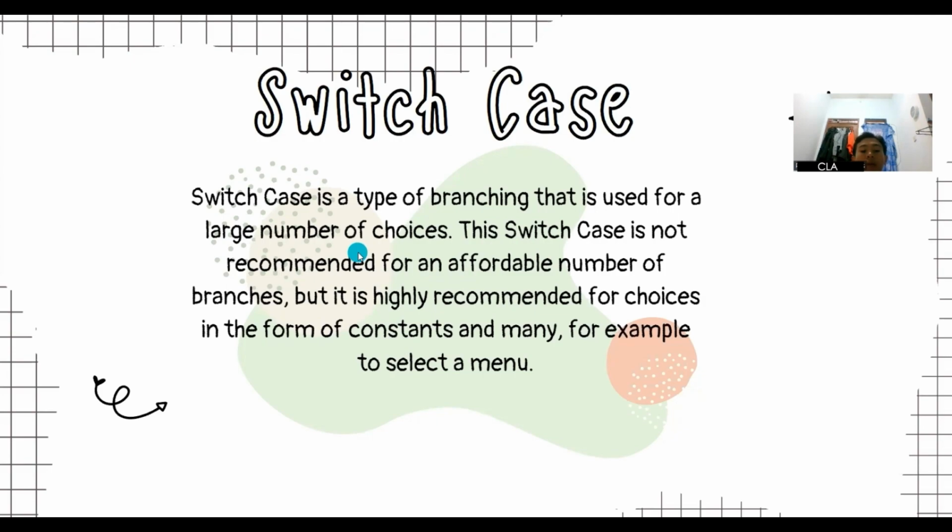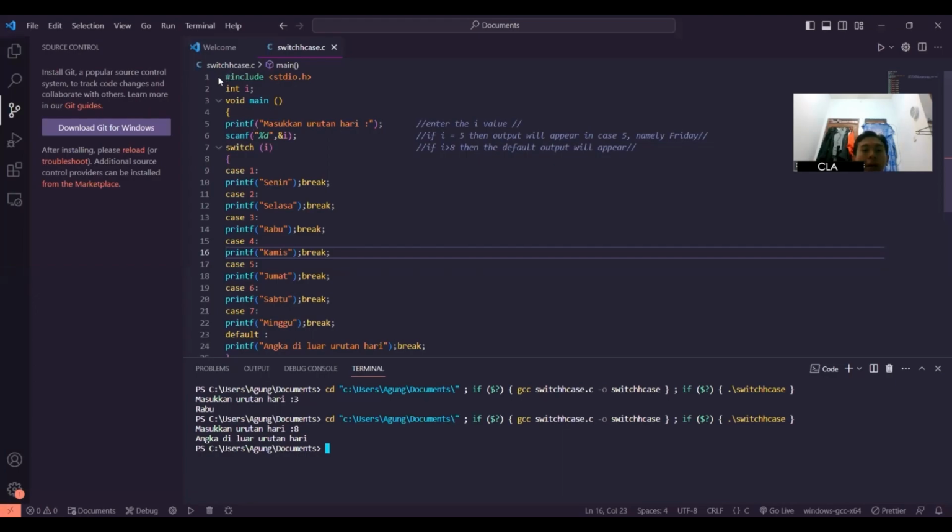We go now to the program algorithm. In line 1, include stdio.h, this library. Line 2, integer e, we use e as a variable. Line 3 is void main, the main menu, is line 4. Line 5 is a printf, masukkan urutan hari, here.